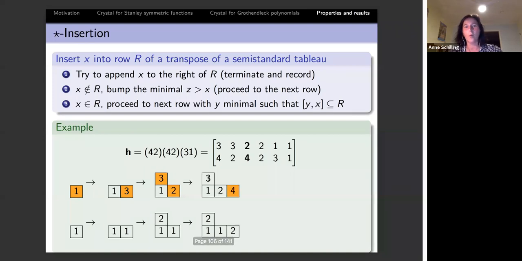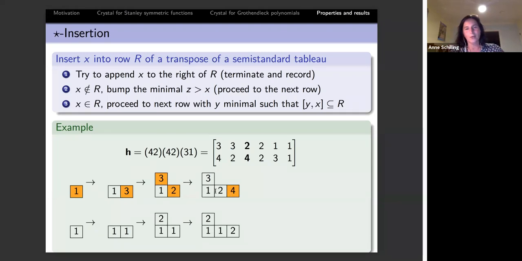Now we insert the 4. The 4 just sits there at the end. So now in the next step, we are inserting the 2. Now is the place where something is different from RSK. In RSK, the 2 would bump the 4. But if a letter appears in there already, so this is basically case 3 in this insertion, then what you do is you look at the largest consecutive interval of letters.